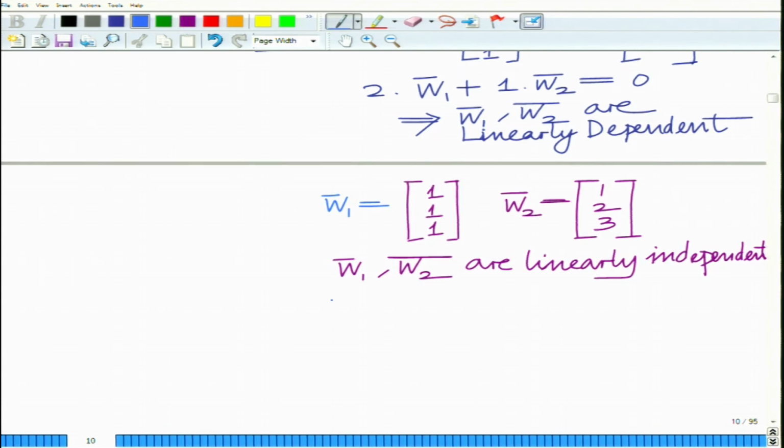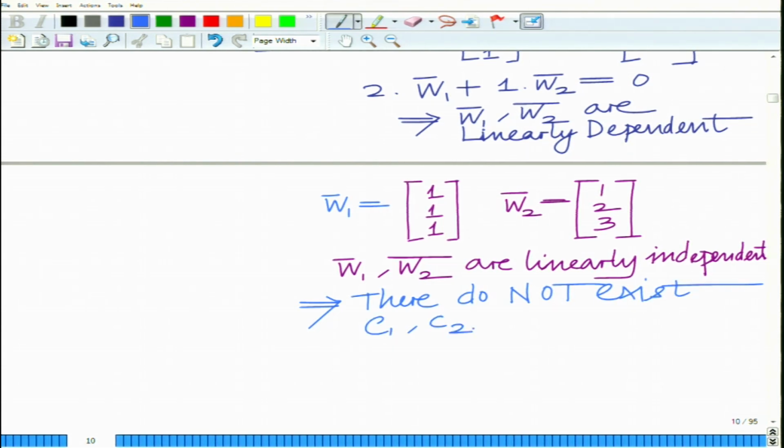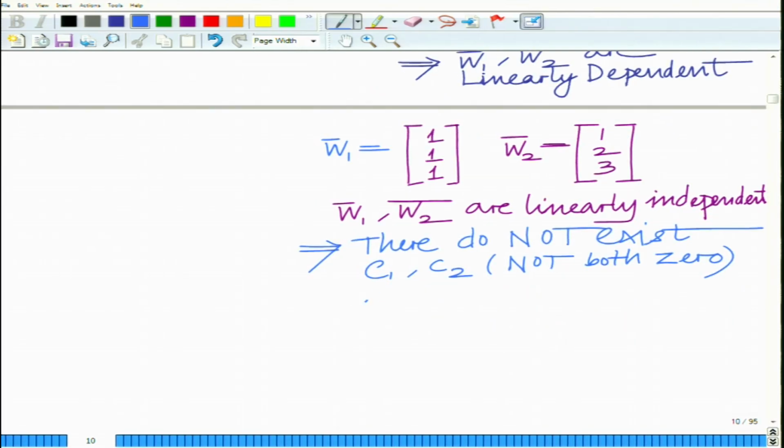All right, this implies that there do not exist c1 comma c2, both not 0, that is, one of them can be 0, such that c1 w bar 1 plus c2 w bar 2 equals 0.